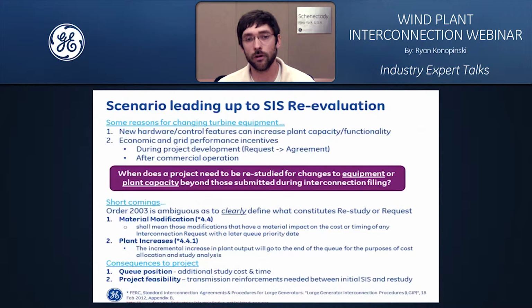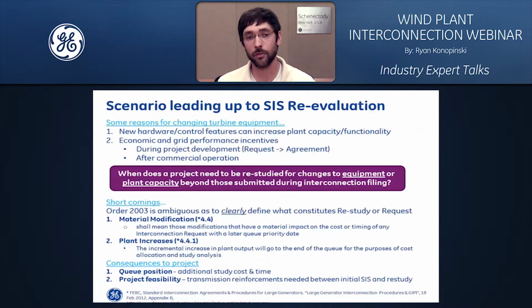They have two articles, one that defines a material modification as well as one that defines a plant increase. But some of these definitions and articles are somewhat ambiguous, and in the end, the interpretation of these definitions is essentially left up to the transmission provider. So due to some of these ambiguities, reevaluation is left up to the transmission provider.